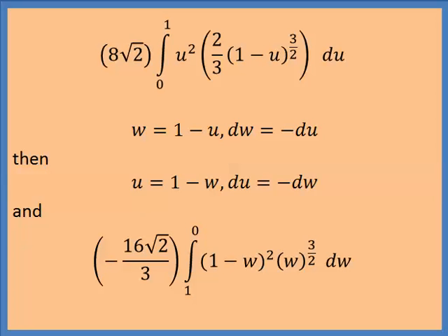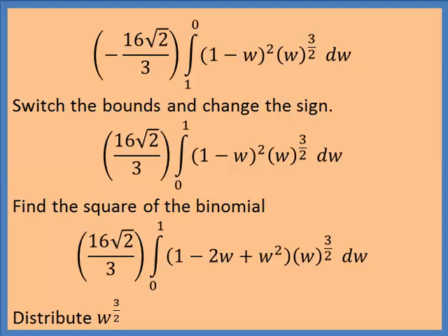So notice we have a negative out in front, and notice that our bounds are going from 1 to 0. What I like to do is switch the bounds and change the sign. So when I have a negative out in front, a lot of times to simplify my integral before I do anything, I'll get rid of that negative by switching the bounds.